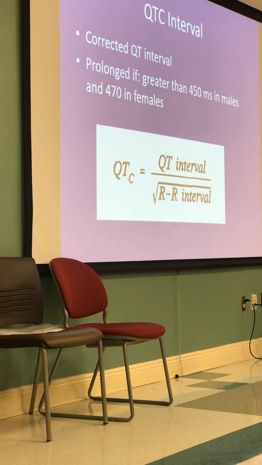QTc is the corrected QT interval, a mathematical formula used because there can be variations in QT depending on what's going on with the patient. Most machines calculate it for you. In this class, you will not need to calculate it at all.